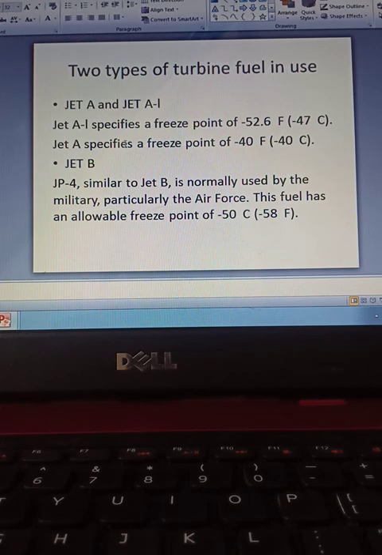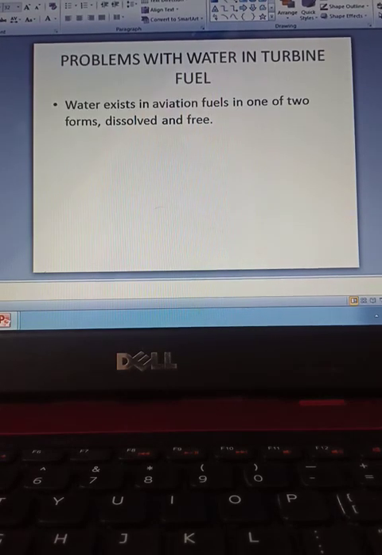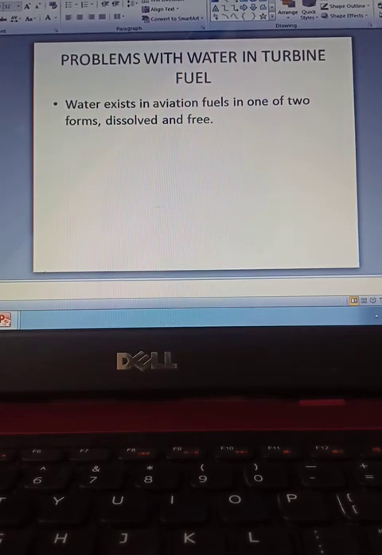Then aviation fuel has major contamination problems. Number one is water. Why water? Because it condenses out of the air in storage tanks, in fuel trucks, or even in aircraft fuel tanks.